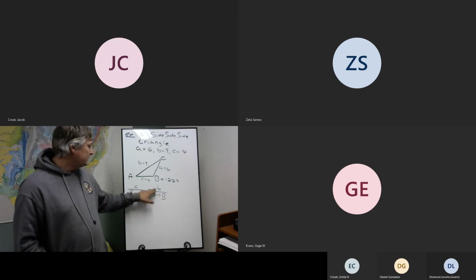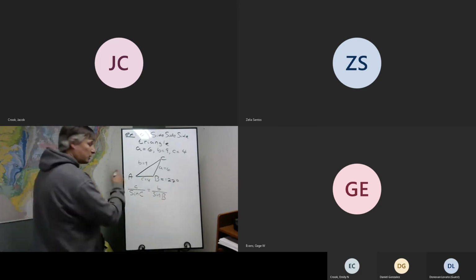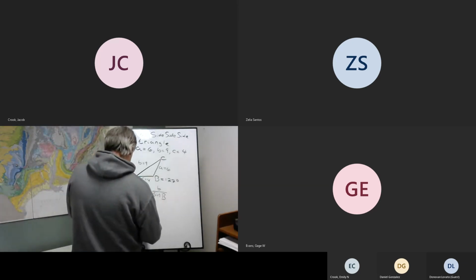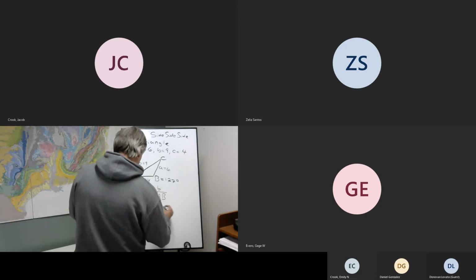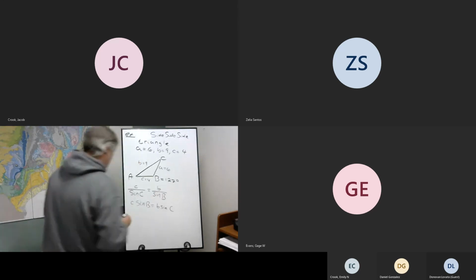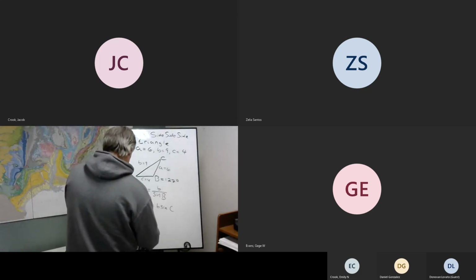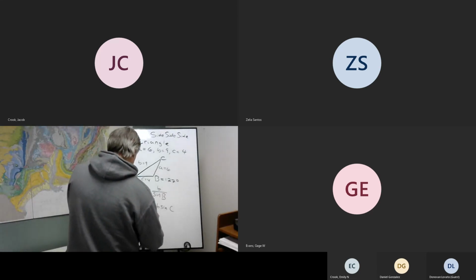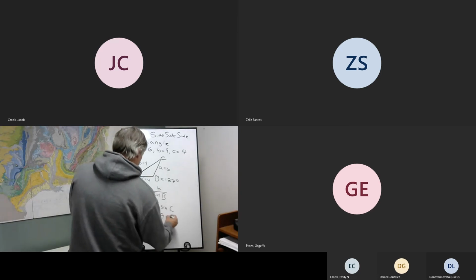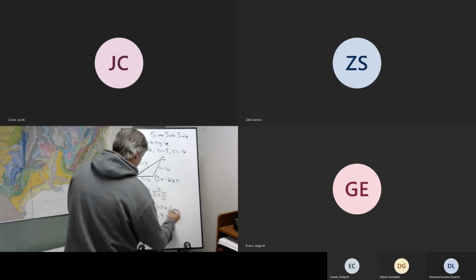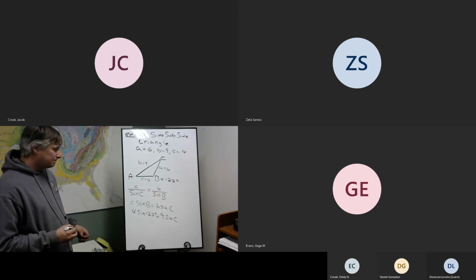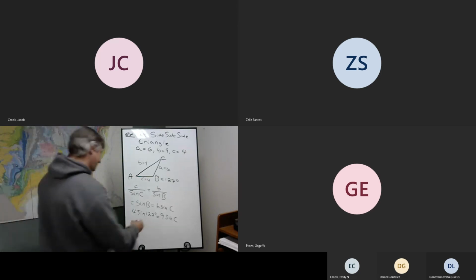We know side b. We know angle B. Let's go for this. We can cross multiply. So 4 sine of 127 equals 9 sine of C. Divide by 9.